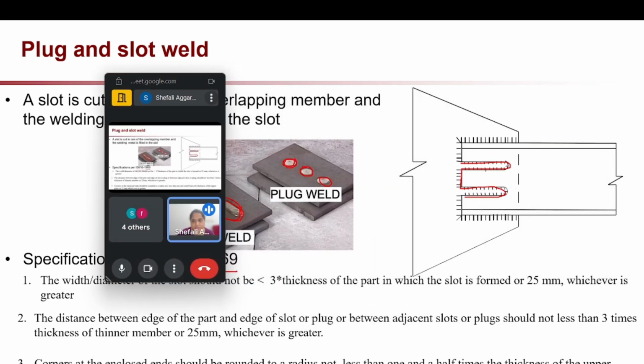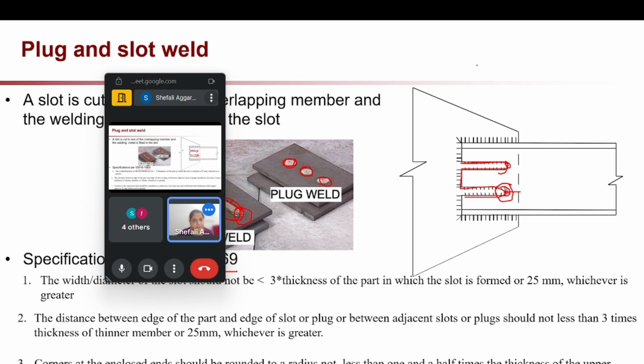If we see in this figure, in this diagram, we are telling at the enclosed end, this point, this radius, this radius we are talking about. So this part should be rounded. It should not be a corner. Like in this figure also, you can see everything is rounded at the edge. So at every end, it should be rounded. And this round part radius should not be less than 1.5 times the thickness of the upper plate.